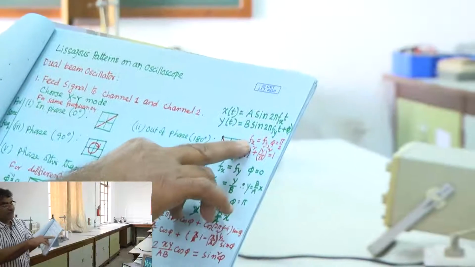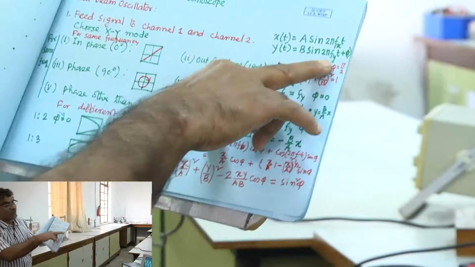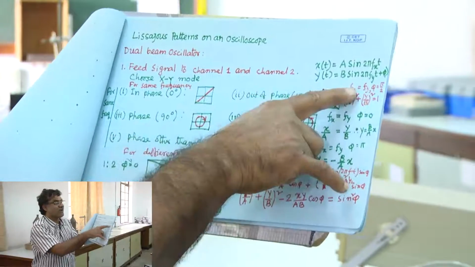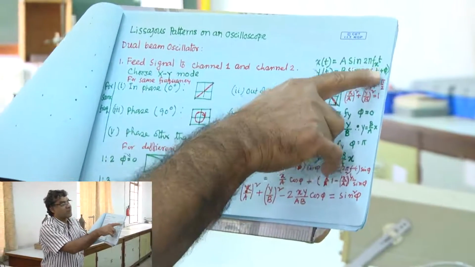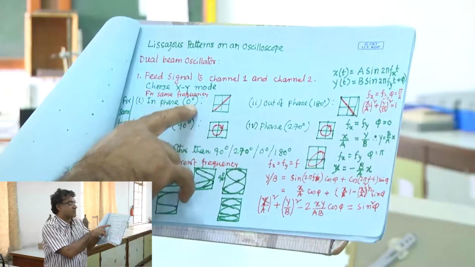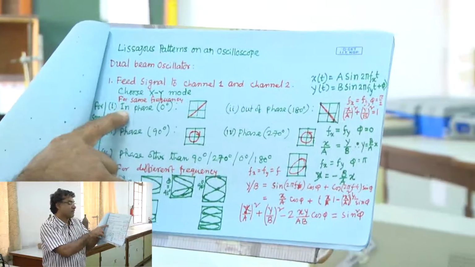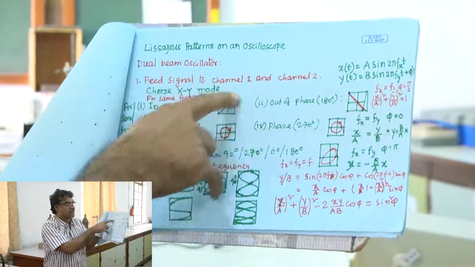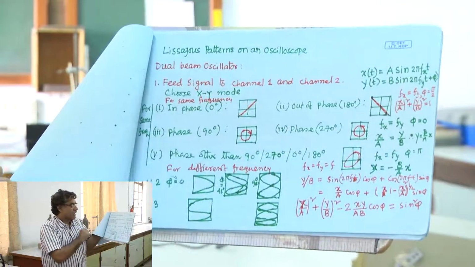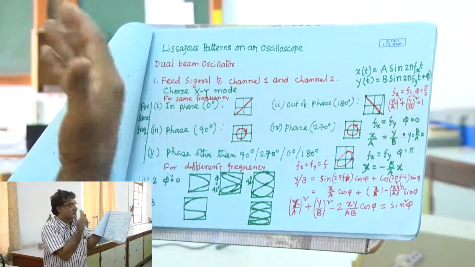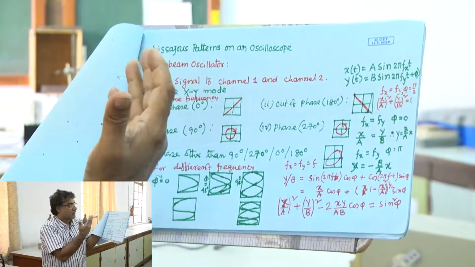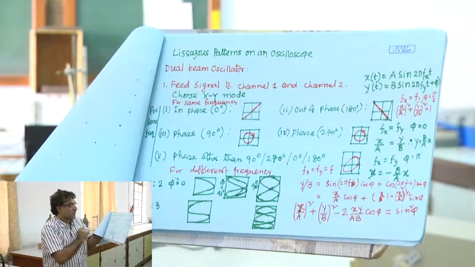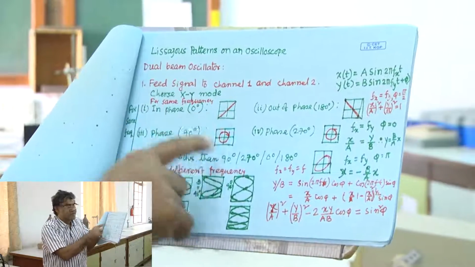If fx and fy are the same, then depending on the phase difference phi: if phi is 0, you will get a straight line; for 180 degrees it will be just the opposite; for 90 degrees it will be an ellipse or circle.